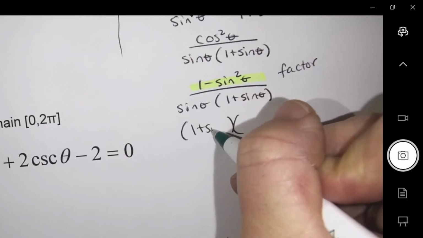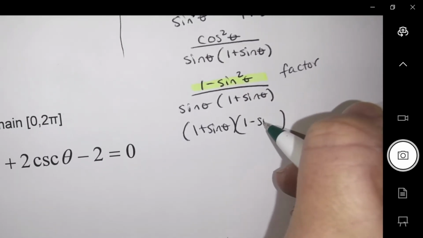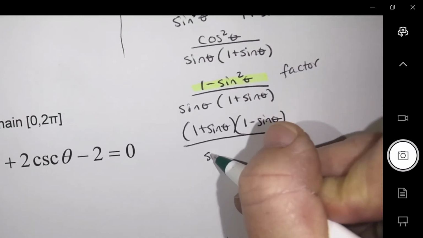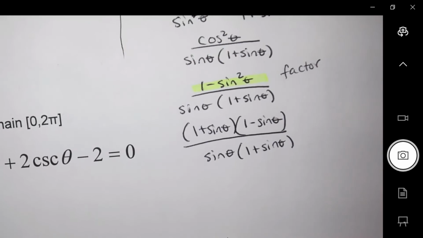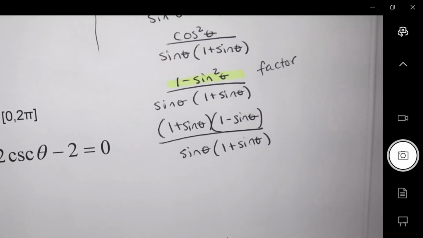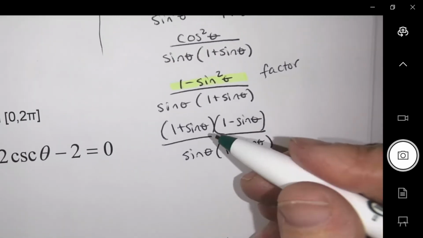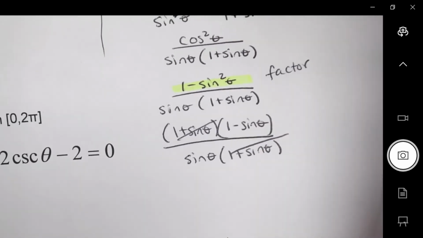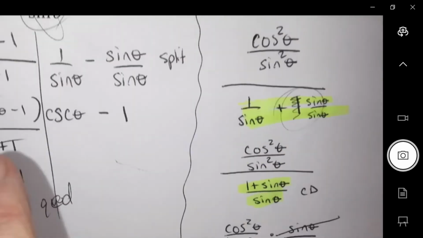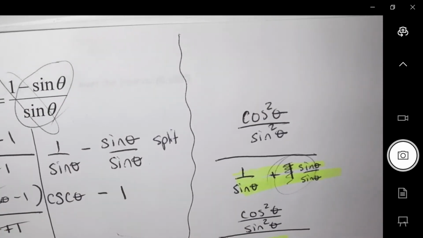So 1 plus sine theta, 1 minus sine theta. Cancel, and you did it. 1 minus sine theta over sine theta. Okay.